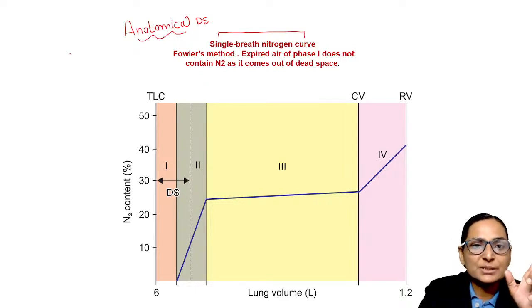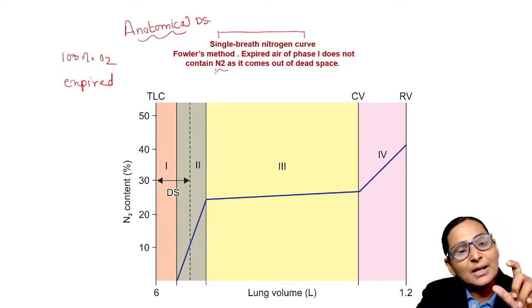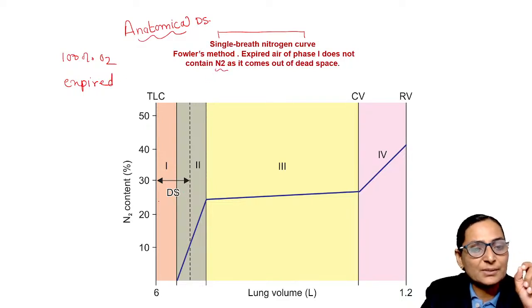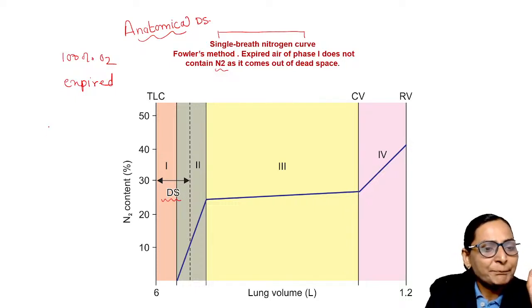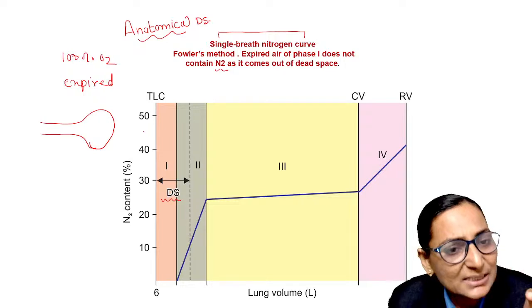We ask the person to breathe 100% pure oxygen, and we collect the expired sample where we measure nitrogen, to find out the anatomical dead space. Many times I've taken this in my lecture also, and I tell you that this question is very simple.